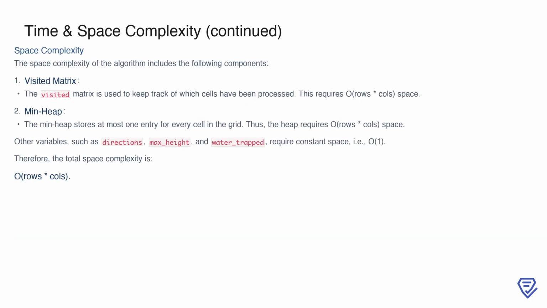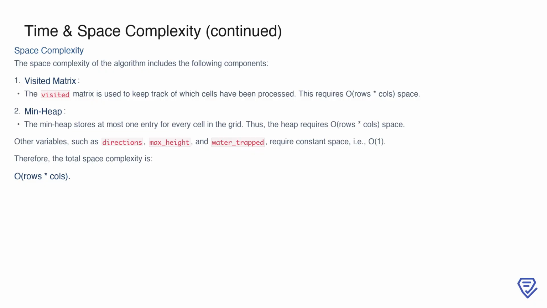Now, for the space complexity, there are two major contributors. First, the algorithm uses a visited matrix to track which cells have already been processed. This matrix has the same dimensions as the grid, so it requires O(rows * cols) space. Second, the min heap stores at most one entry for every cell in the grid.